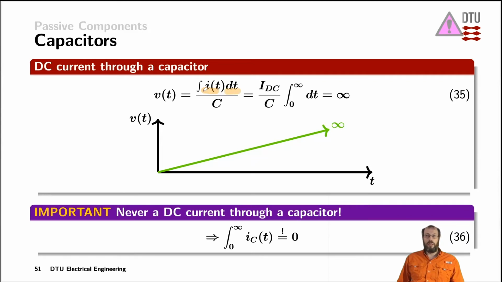And if this integral is integrated over a DC current, the integral would go towards infinity. That means also the voltage would go towards infinity. That would mean that the water pressure, the voltage would collapse at some point. So we can never have any DC current through a capacitor, as we cannot have a continuous water flow through a dam.